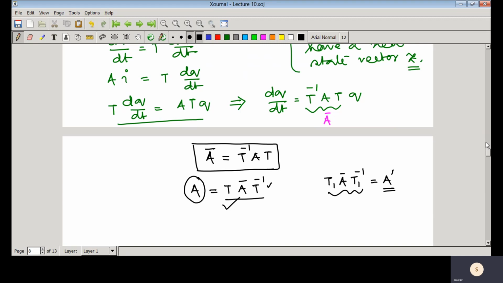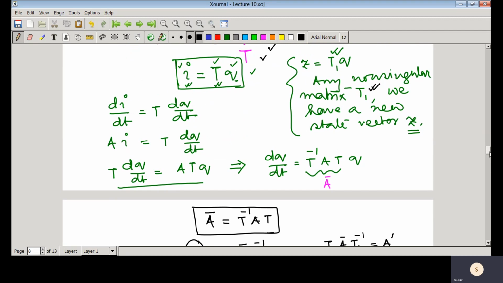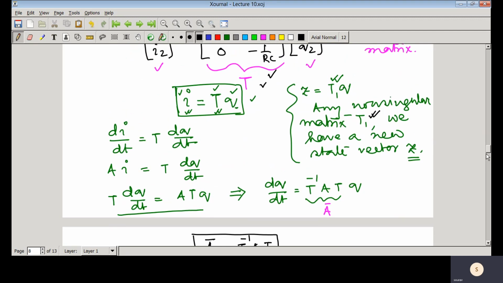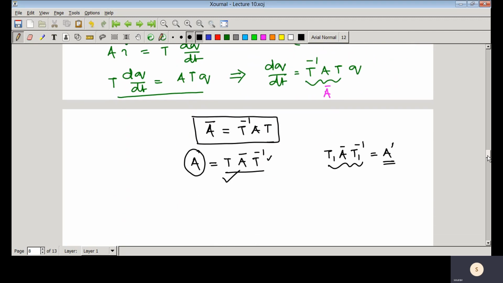In this particular case, we have two different state space representations: in one case the state vector is the charge, and in the other case the state vector is current. So if you take this particular T, the new state vector has a physical meaning, that is current, but in general you may not have that physical meaning, yet you will have a different state space realization. And interestingly, you can see here the eigenvalues.